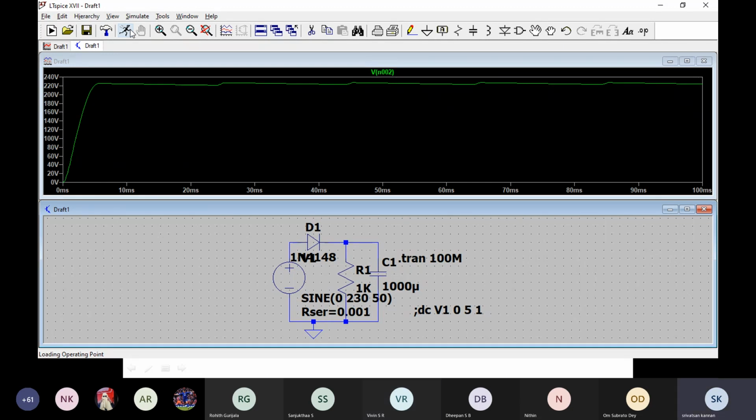Yes, sir. So rectifiers with the filter give the correct output. Rectifiers without filter will not give the correct output, and you have ripples in the output. So this is for the half-wave rectifier. Can you try a full-wave rectifier? So how to construct a full-wave rectifier?